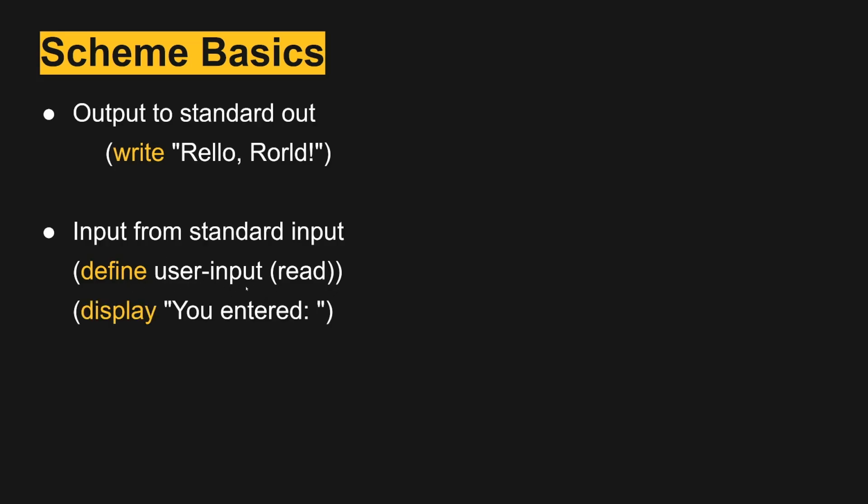We'll look at this later. And then we could display you entered and then display user input, and this would print out what the user had entered in. Let's try this real quick.